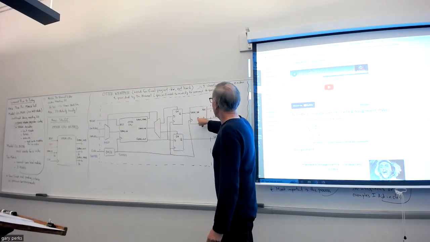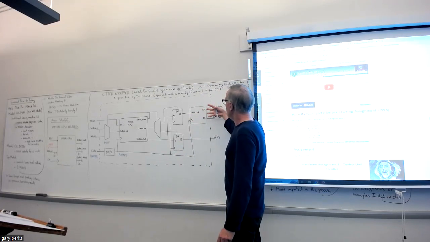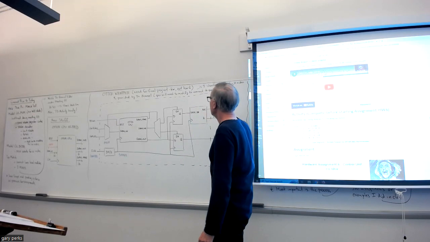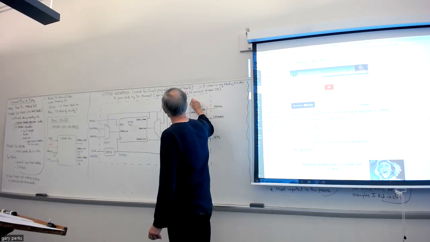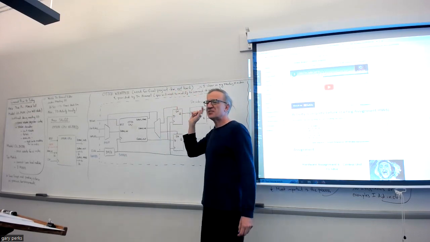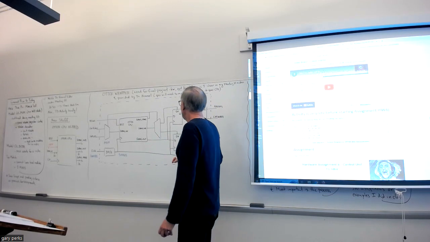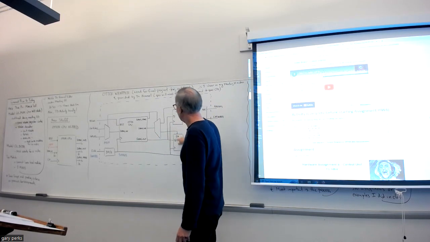Okay, over here, this is the decoder that's operating your 7-segment display. So this is a decoder just like the one you saw in CP133. I mean, it's not exactly the same, but it's doing the same purpose. What are these here?